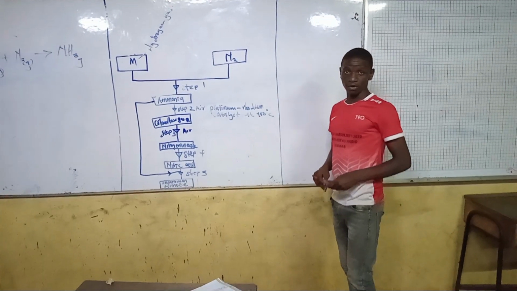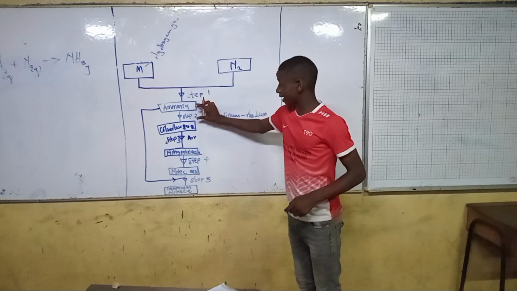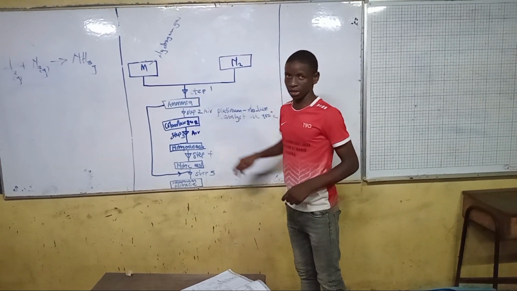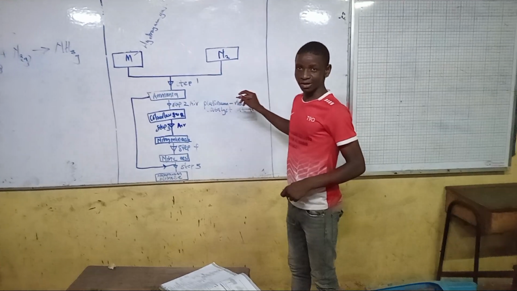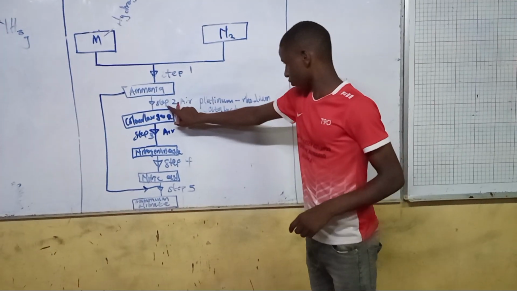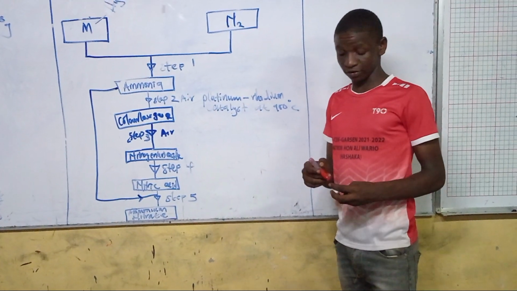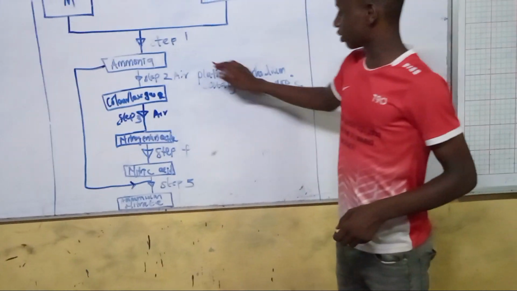I think everyone has understood, or I am going to repeat again. Now, excess air is used to ensure total conversion of ammonia gas to nitrogen 2 oxide, which is further on converted to nitrogen 4 oxide. As we know very well, oxygen is an oxidizing agent, so that's why it will convert.